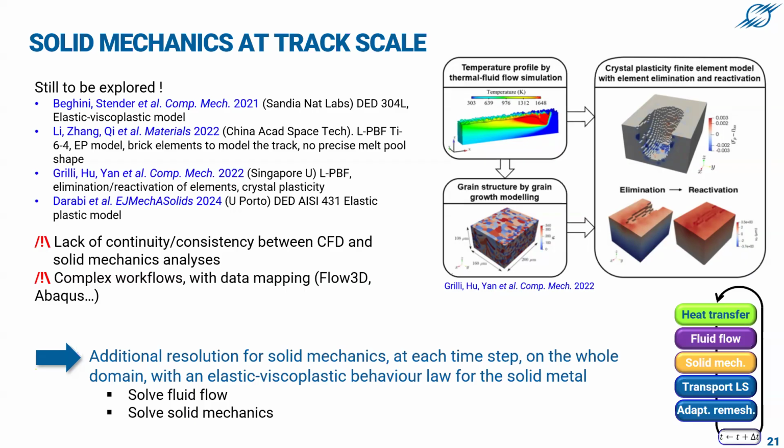Now, if we would like to combine with stress, because we want to predict fracture, we need thermomechanics in the solid. There are only very few teams that provide results combining fluid flow and stress. I have listed a few of them.